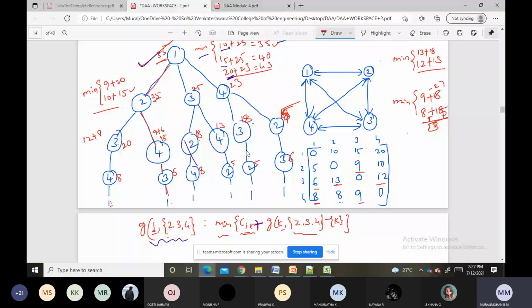So the cost of G for all these available routes is equal to the minimum of cost of IK plus the cost of K to all other remaining vertices minus this particular vertex which we are selecting here, right? Okay.